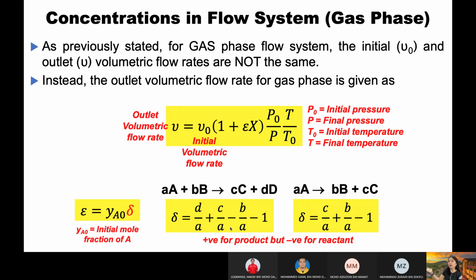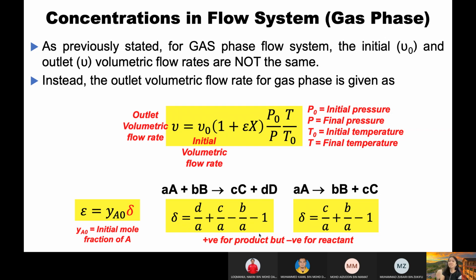Kenapa? Dah untuk reactant. So minus b per a, minus 1. So kenapa minus 1? Technically is A per A. So A per A itu 1. That's why it will always be minus 1. A itu sentiasa akan jadi reactant. That's why dia akan jadi minus A per A, minus 1.